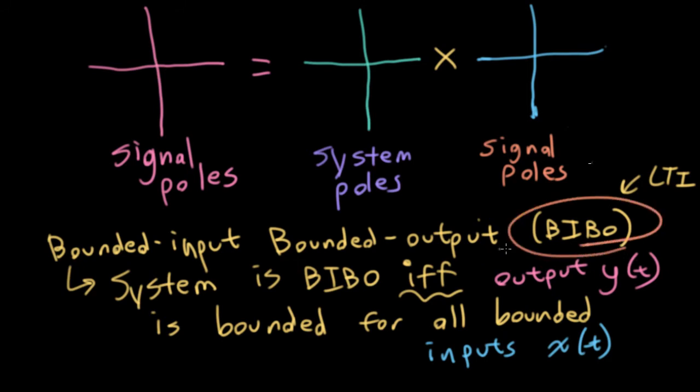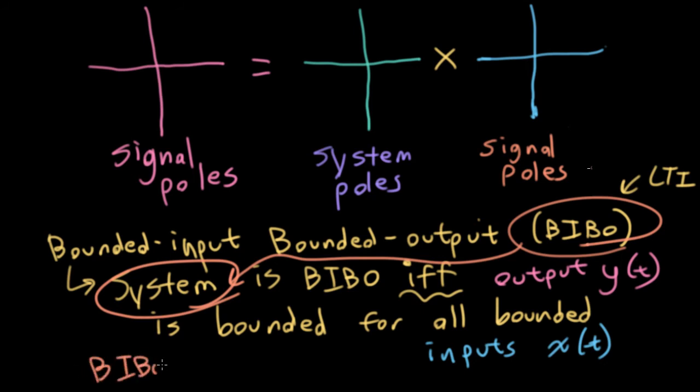And another point that I really want to emphasize here is that the idea of a BIBO system is a thing about systems. Do not write something like a BIBO signal. That makes no sense at all. This is very, very bad.